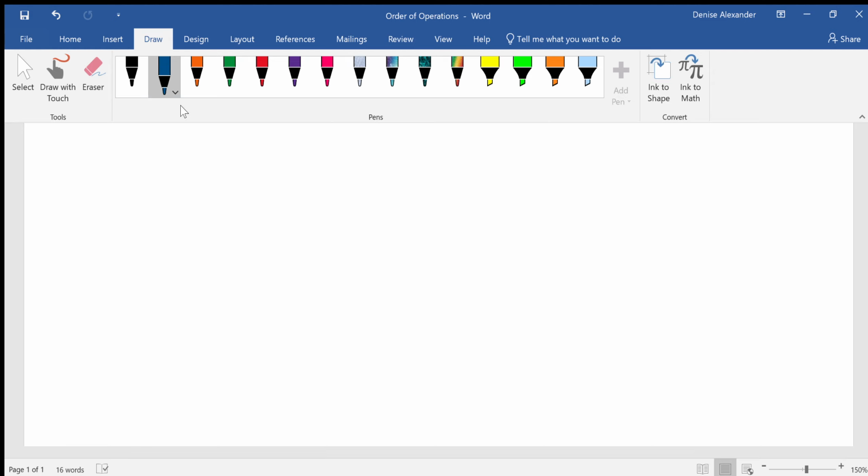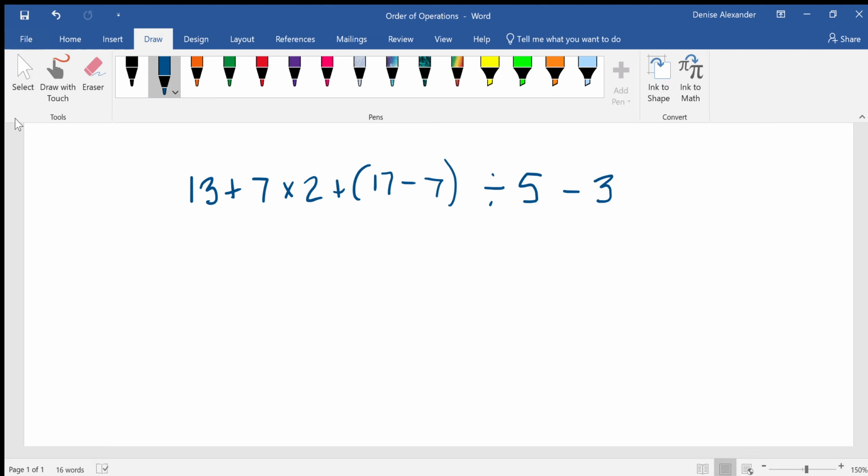Say I have 13 add 7 times 2 plus, let's do 17 minus 7 divided by 5 subtract 3. Okay, there's a lot of numbers and we got to make sure we remember what we learned.